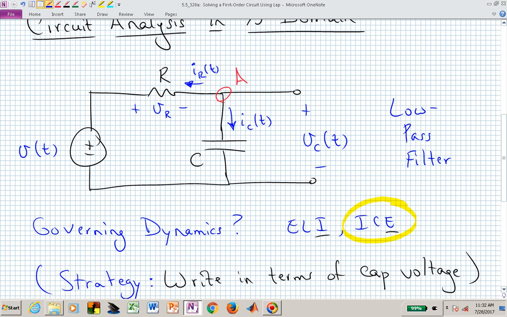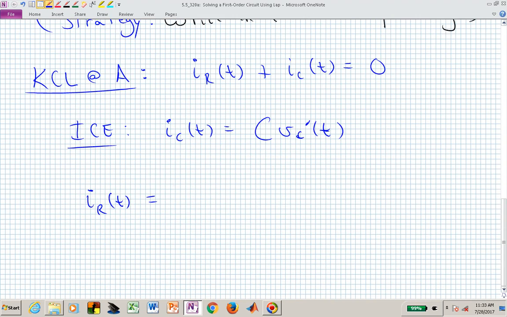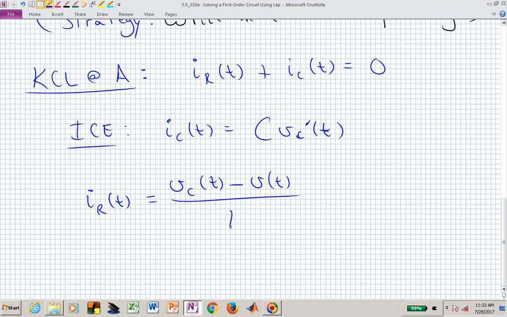But we would just say V sub C of t, that's the voltage at A, minus V of t, divided by R gives us a positive current I sub R going from right to left. Or we now have that V sub C of t minus V of t, that is what I called my source voltage, divided by R is I sub R of t.